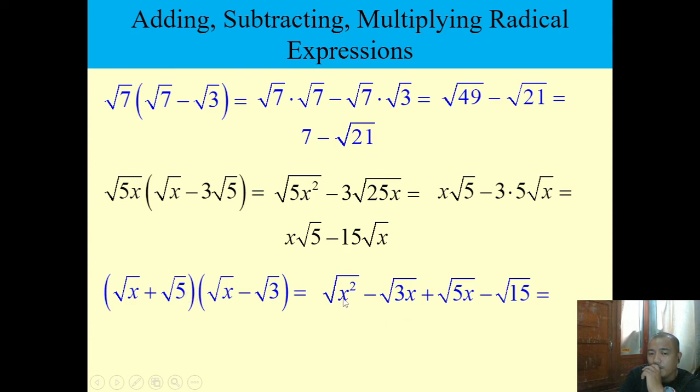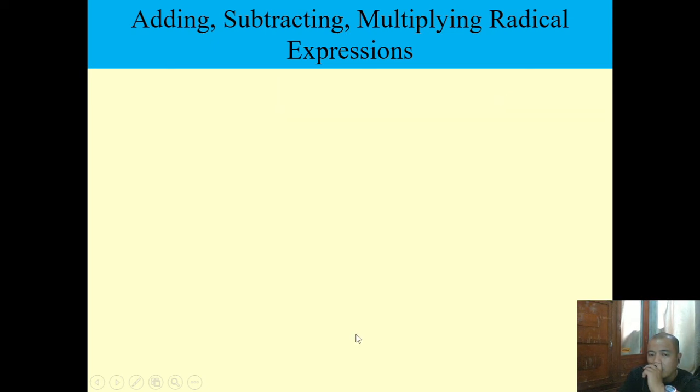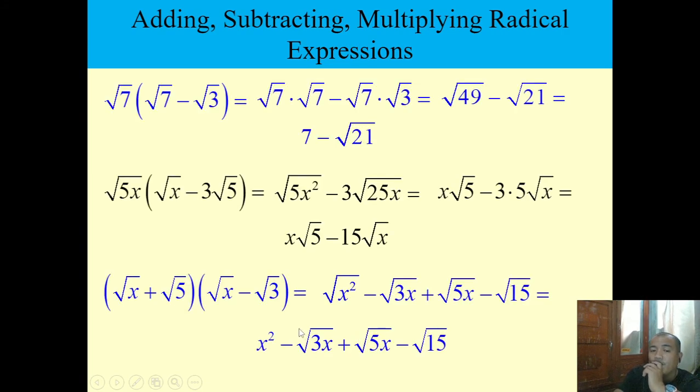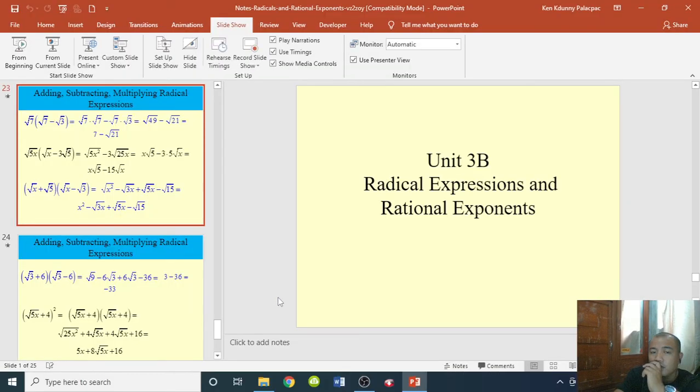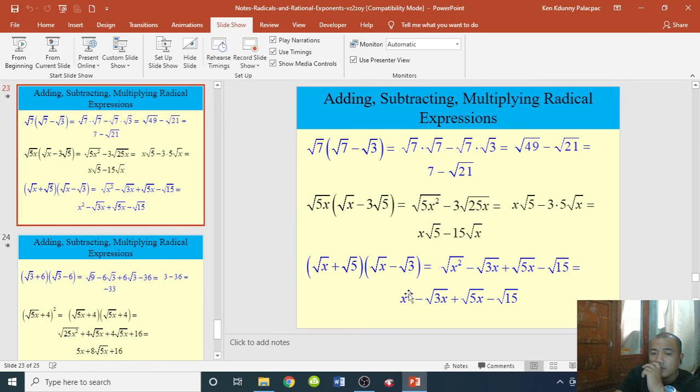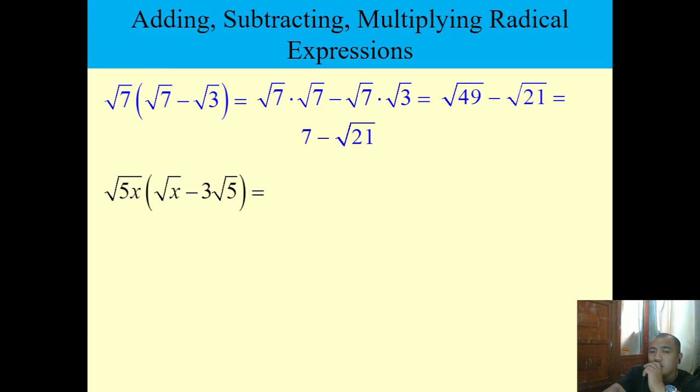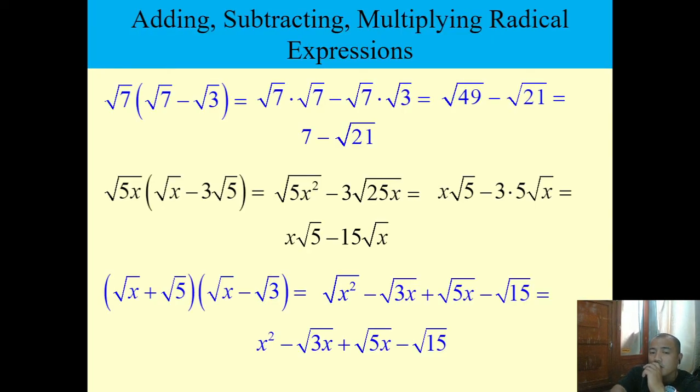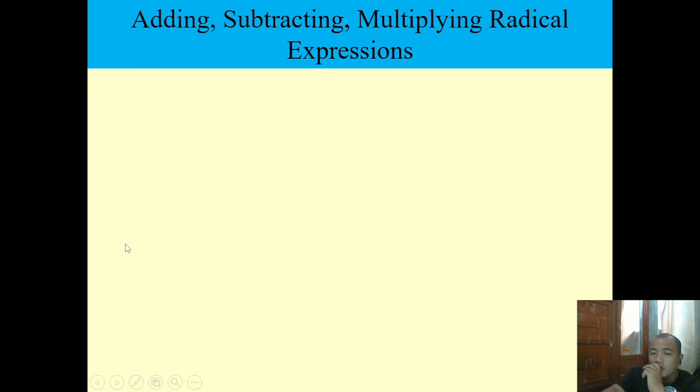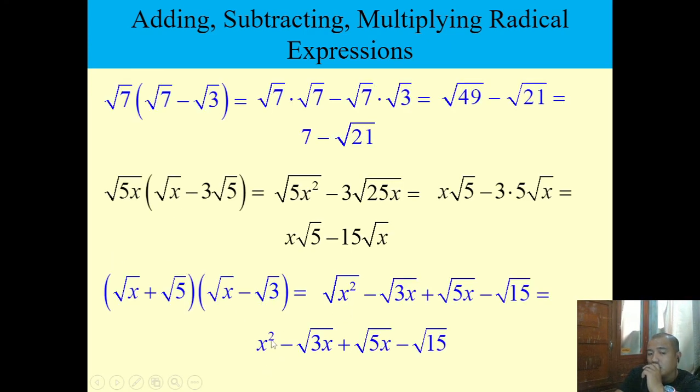Square root of x squared is x. Oh wait, this should be x squared. Oh, I'm sorry, it's in picture form, so let us just correct. This should be x, not x squared, because square root of x squared is x.